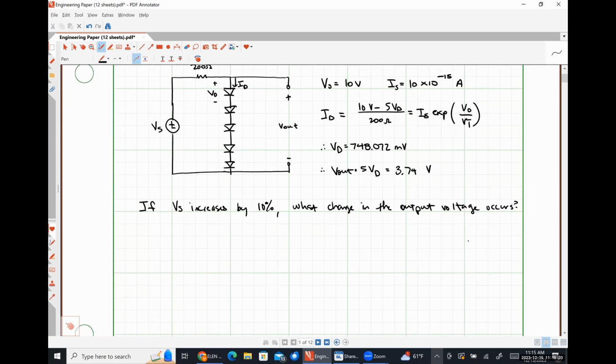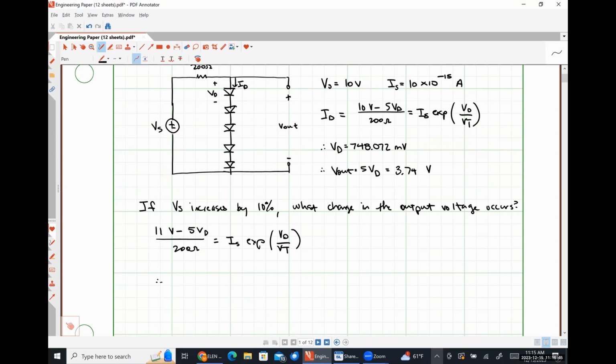So we would have 11 volts minus 5 VD divided by 200 ohms is equal to IS times the exponential of VD over VT.